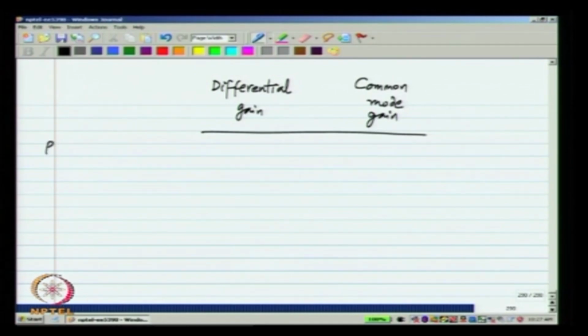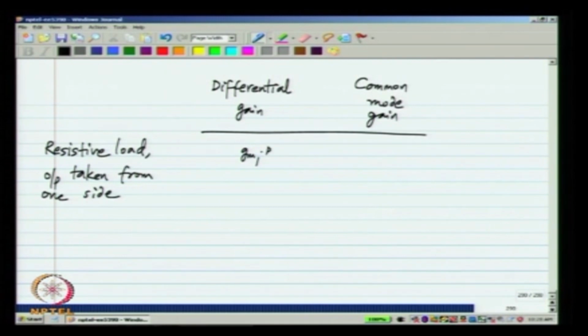Now, let us say we have a differential pair with a resistive load and output taken from one side. The differential gain will be GM1 RL divided by 2 and the common mode gain will be RL by 2 RDS0. Okay.